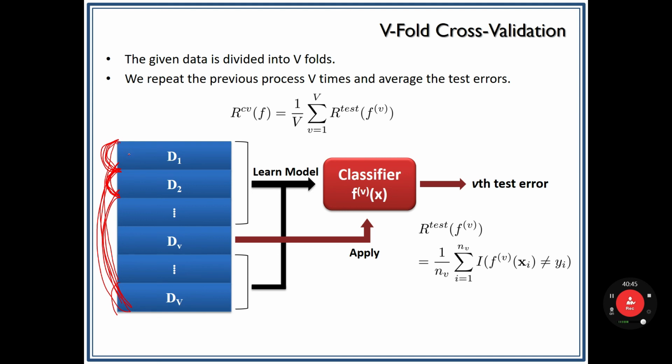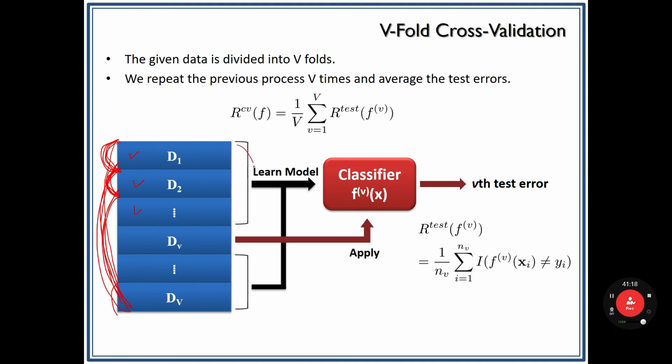At the first time we do testing with this one. In the second time we do the testing using this set. Then we can do training and test V times. This figure shows that, and we can average the test error over the V folds.